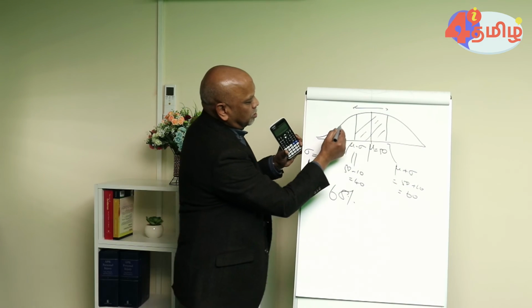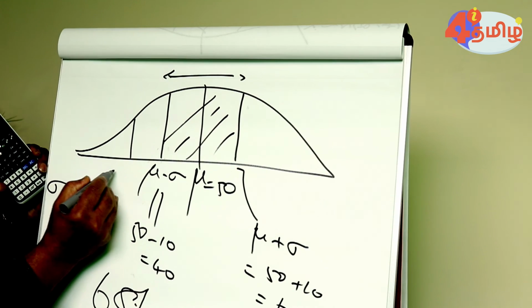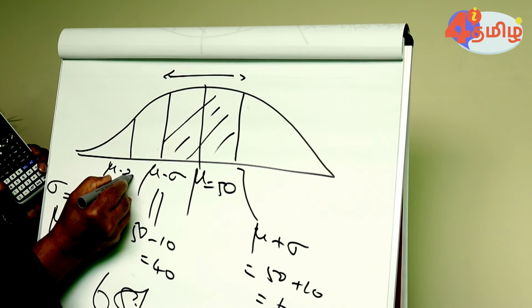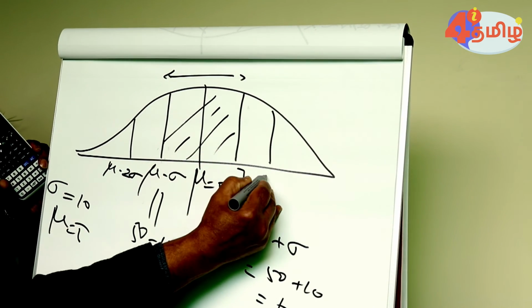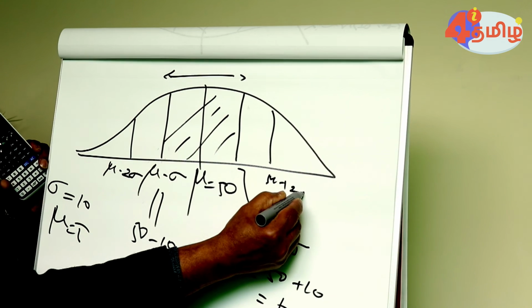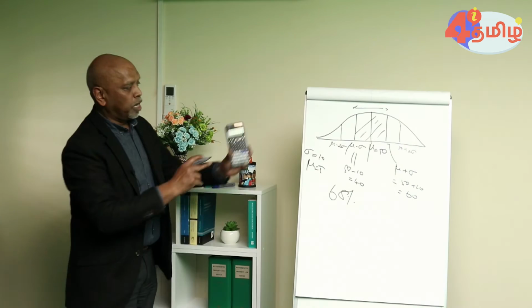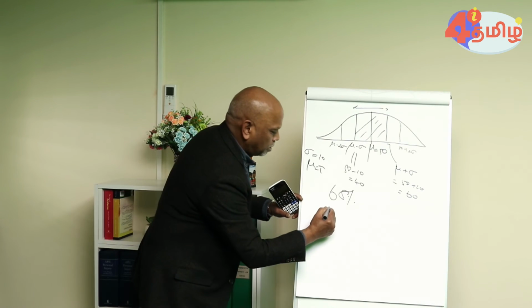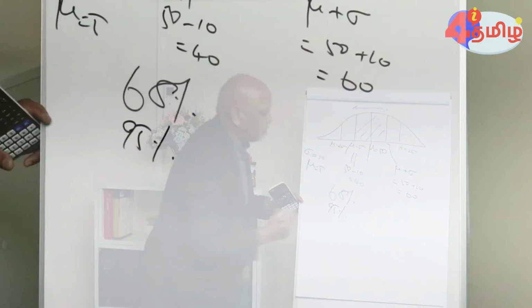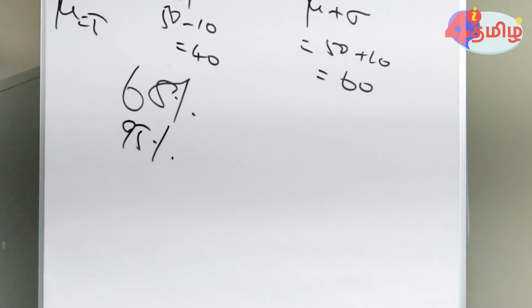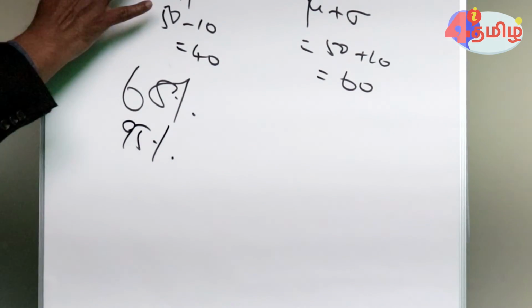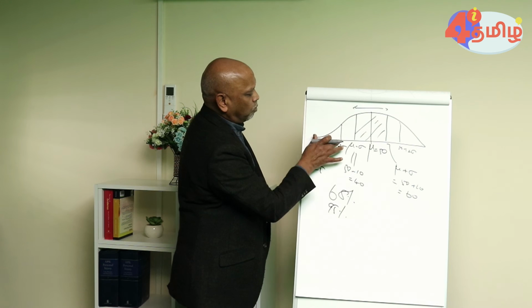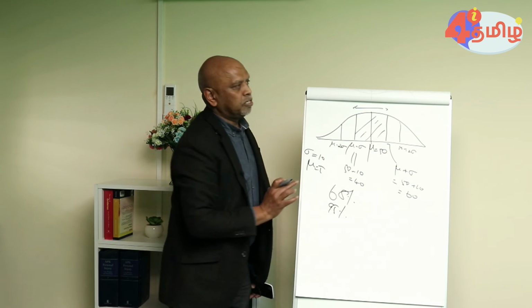If I stretch this side to 2 standard deviations, so mu minus 2 standard deviations and mu plus 2 standard deviations, again you can prove it. That will be roughly about 95%. In other words, 95% of the collected data will fall within 2 standard deviations.